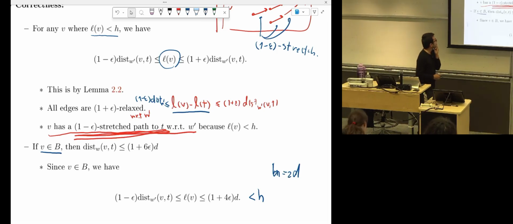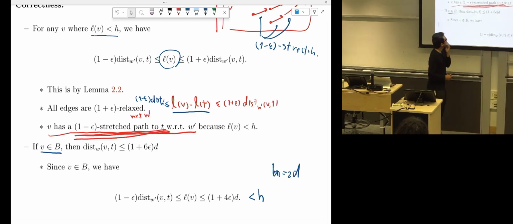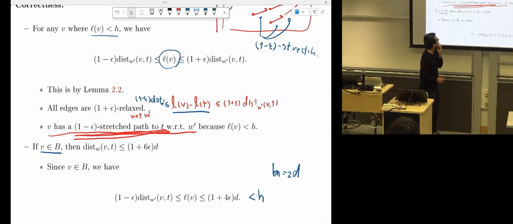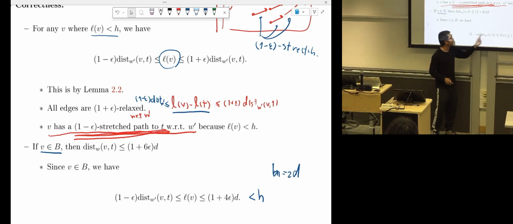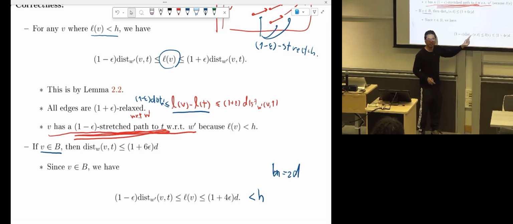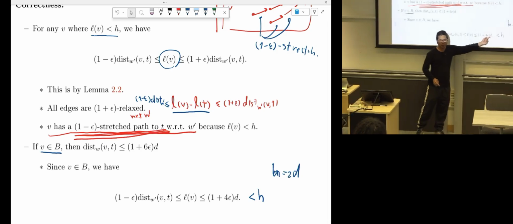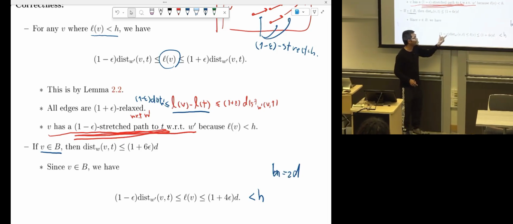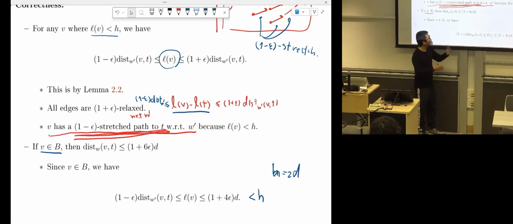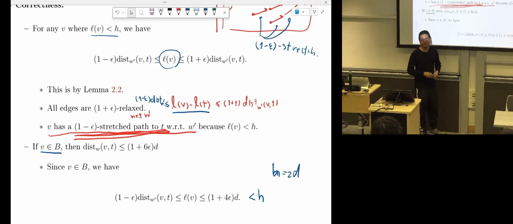Once we have this, you know now that the distance with respect to W prime is small. You have this factor. So can you tell me why the distance with respect to W must be small too? Why should this be true, if the distance with respect to W prime is small?